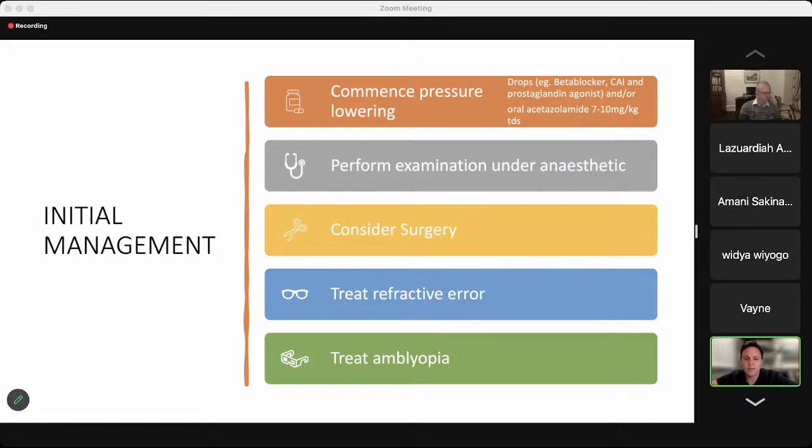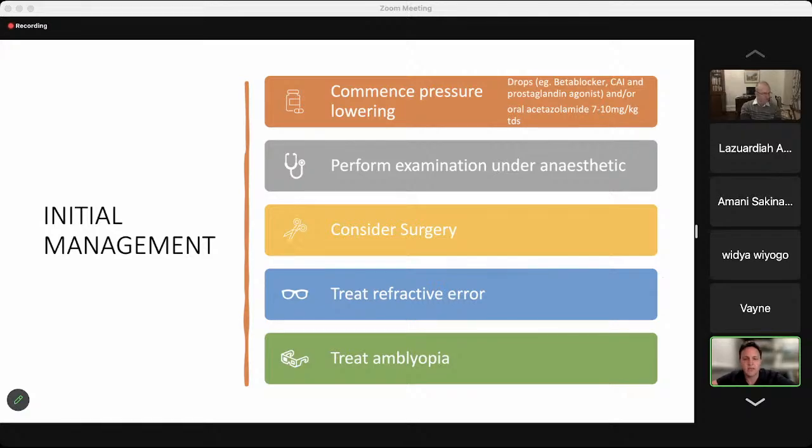At the same time, generally, you want to be arranging for an examination under anesthetic. There's a lot of subtle signs that you're not going to be able to see in the office, particularly in young or newborn babies. And really, they need a very thorough check of the eye to work out what's going on.